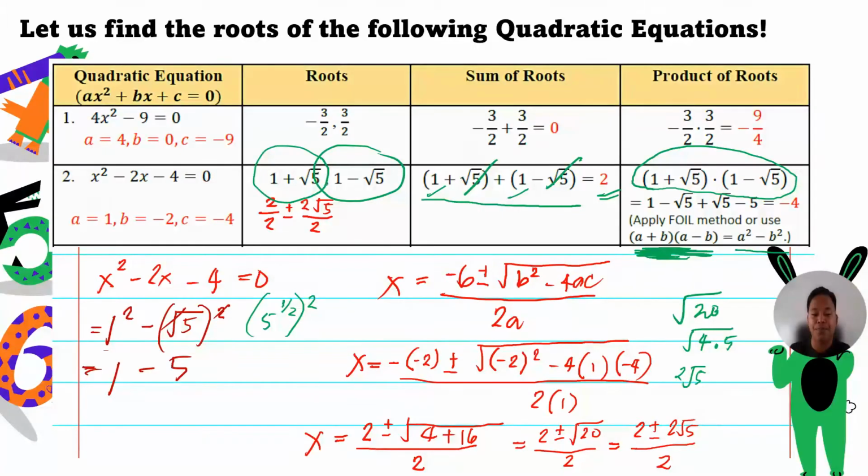So if we multiply the exponent 1/2 times 2, it is 1. So 5 raised to 1 is equal to 5. Then we have the difference 1 minus 5, negative 4. So we have here negative 4 as the product of these roots.